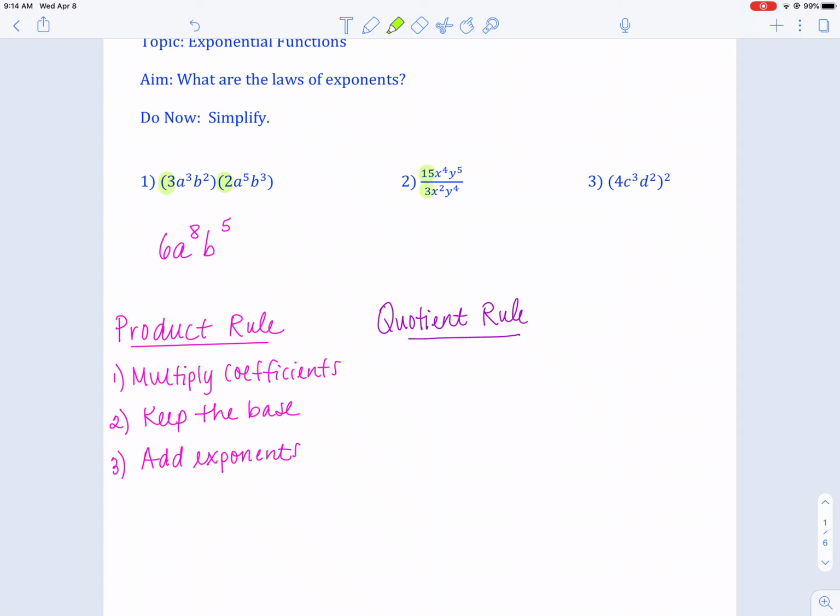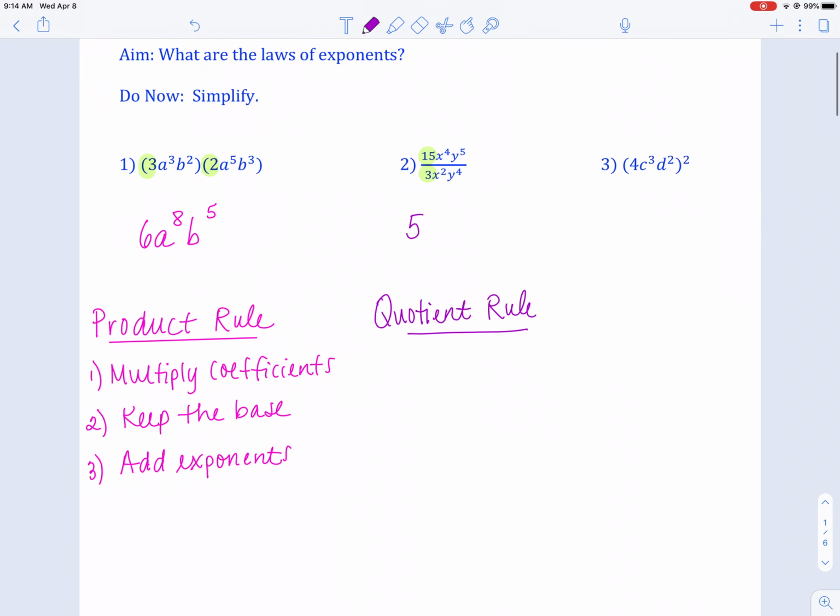So if you look at 15 divided by 3, those are your coefficients, you get 5. And hopefully you could see, instead of multiplying, we divide. Instead of adding our exponents, we're going to subtract them. So keep your base. 4 minus 2 is 2. And 5 minus 4 is 1.